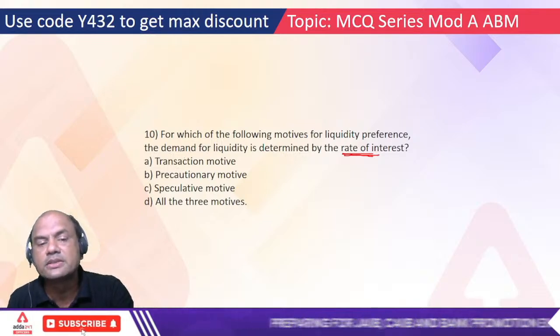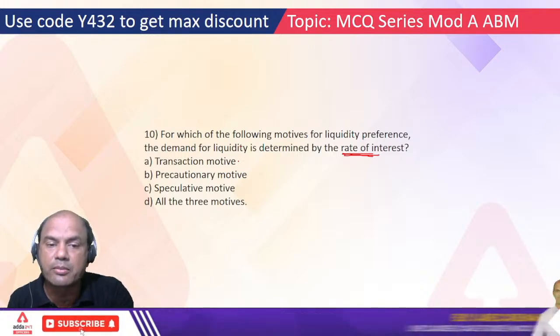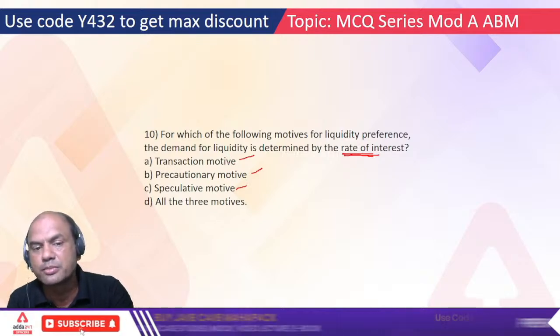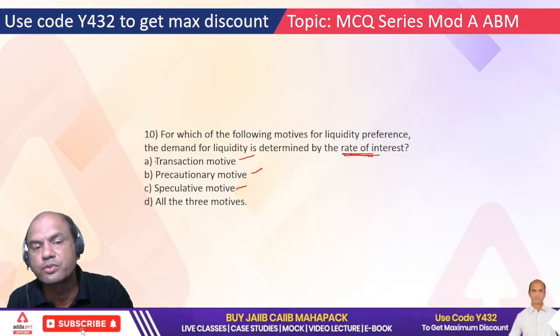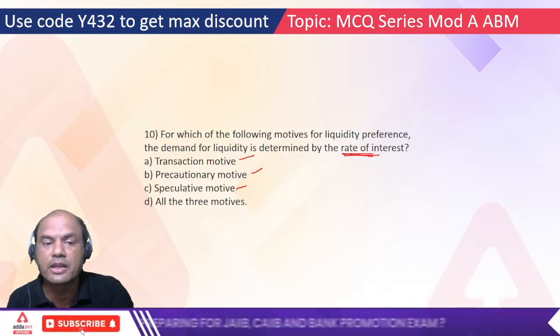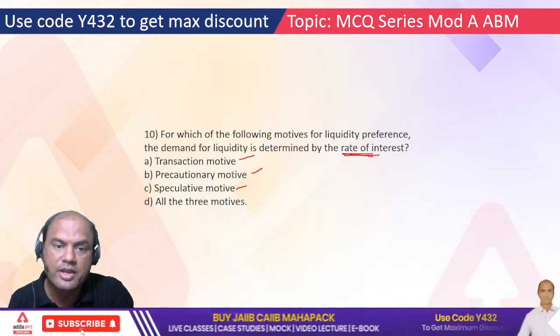Keynes's theory explained that preference for money is given for three motives: transaction, precautionary, and speculative. Whenever a human being earns money, he uses it first for daily living transactions. Precautionary means illness, and speculative means if something remains after these two, he'll go on investing.